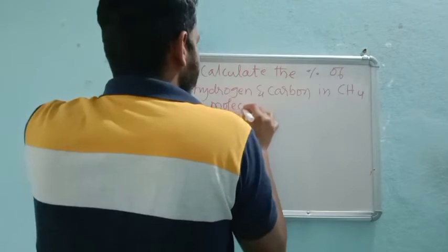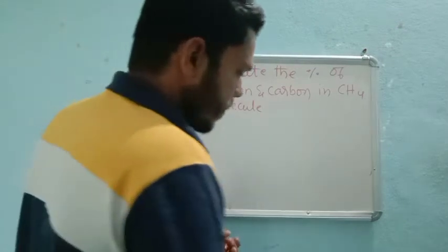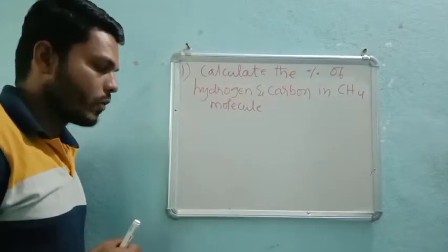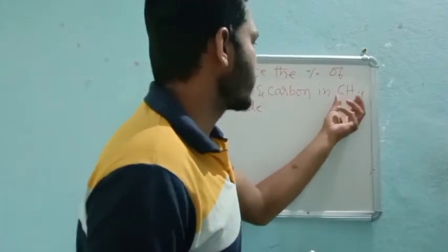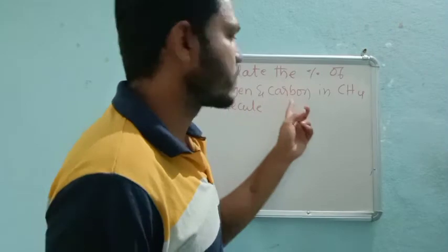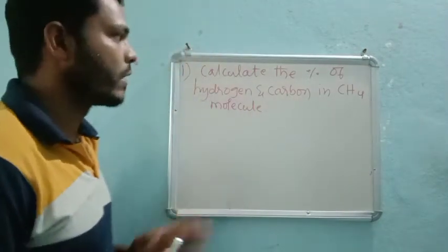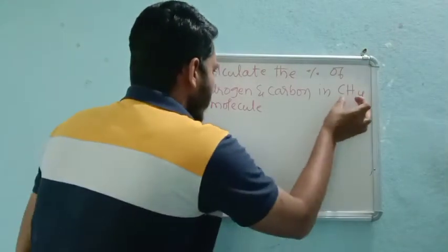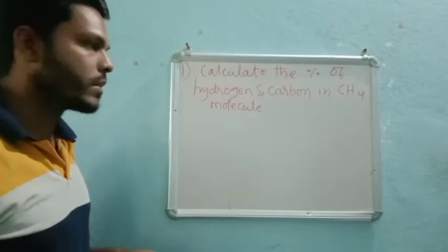Very important and very easy type of compounds. What they have asked you is to calculate the percentage of hydrogen as well as carbon in the given compound, that is methane. Methane is a compound. In methane we need to calculate the percentage of hydrogen as well as the percentage of carbon.